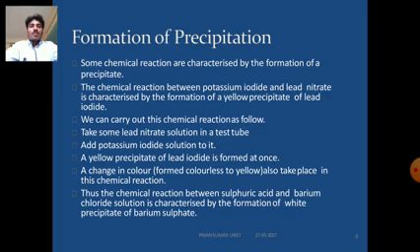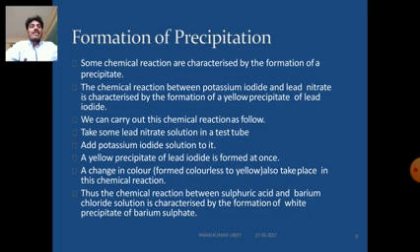Next one is the formation of a precipitate. Some chemical reactions are characterized by the formation of a precipitate. The chemical reaction between potassium iodide and lead nitrate is characterized by the formation of a yellow precipitate of lead iodide. We can carry out the chemical reaction as follows.